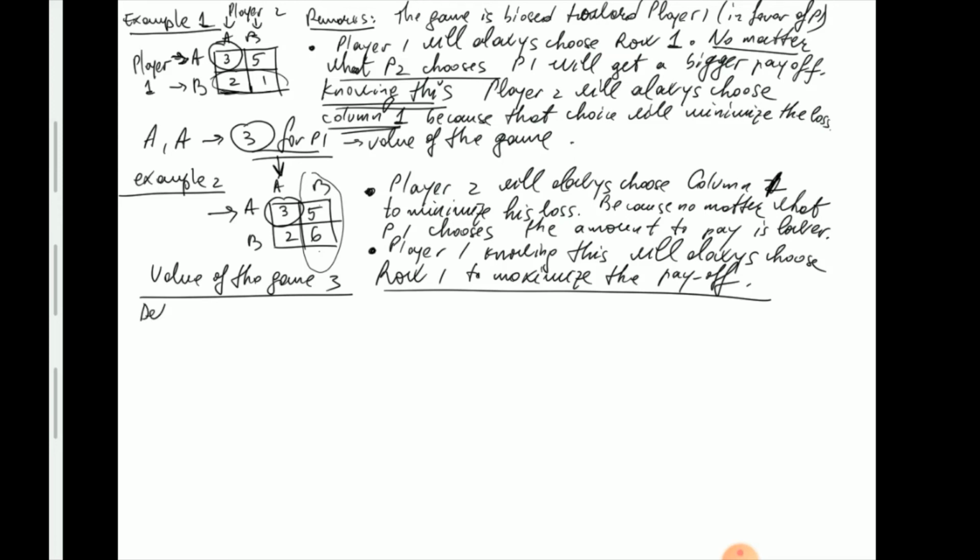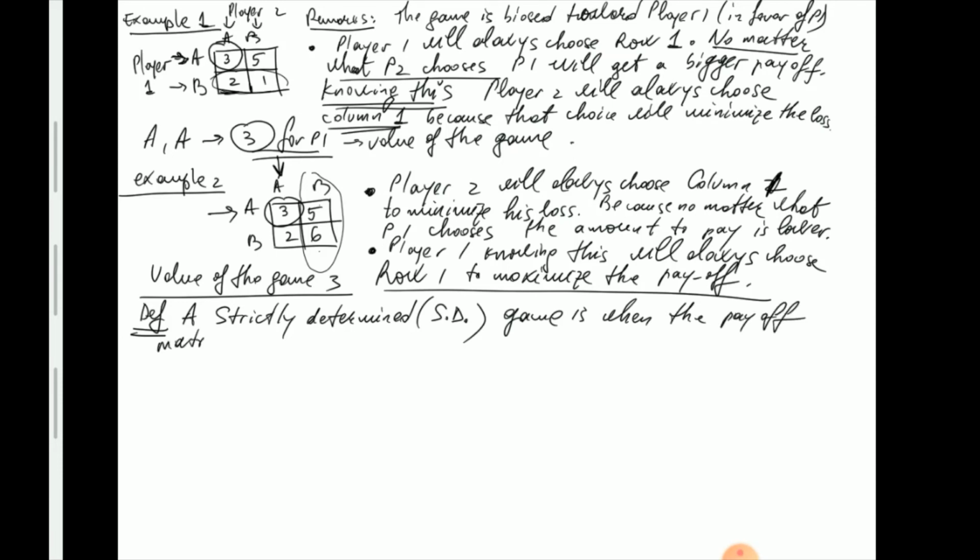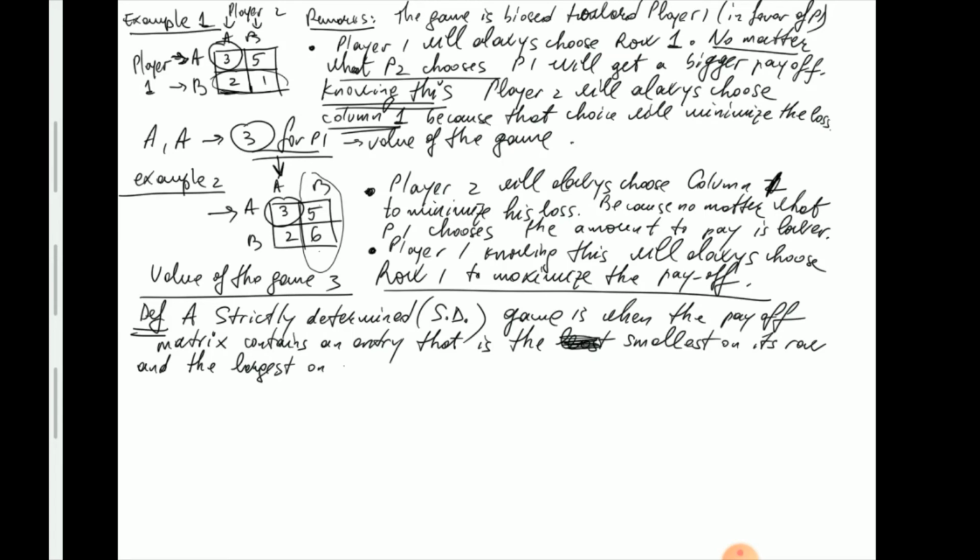So let's write down the definition now. A strictly determined game, which we're going to write down as SD, is when the payoff matrix contains an entry that is the least entry, that is the smallest, let's put it like that, on its row and the largest on its column.